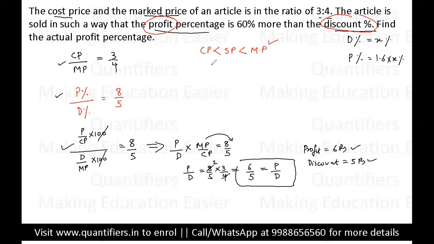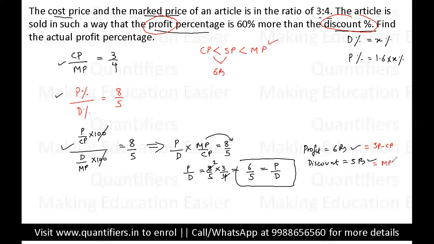Now students, a very, very simple question. All of you already know what is profit. Profit is basically selling price minus cost price. So I can say that the difference between SP and CP is 6 rupees. And we also know what is discount.